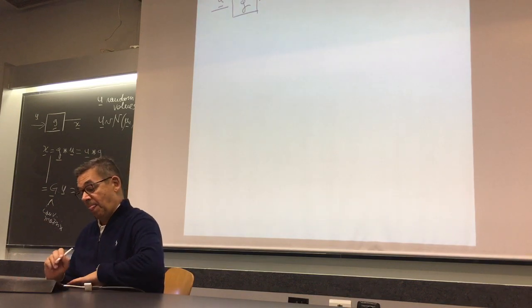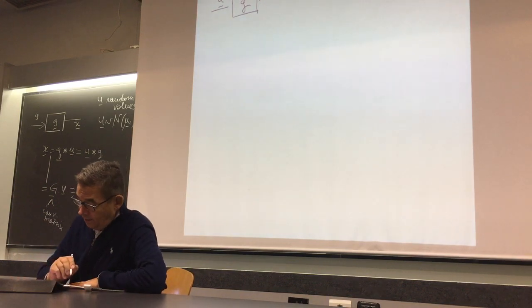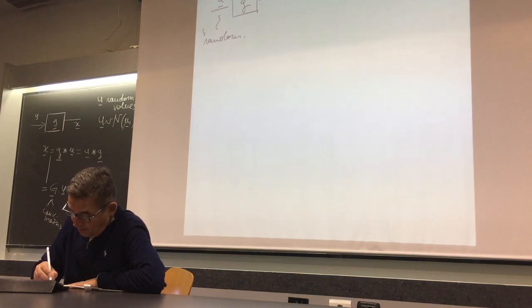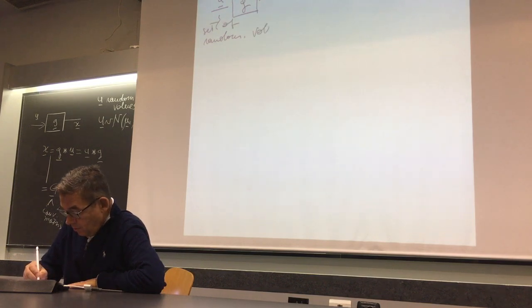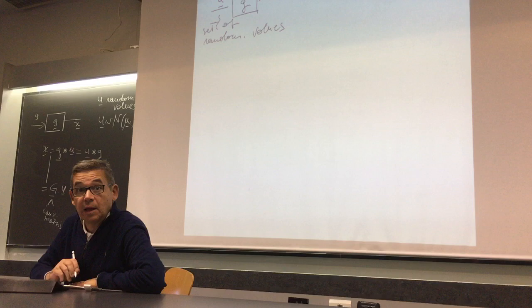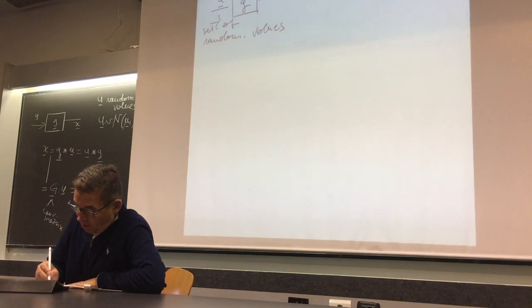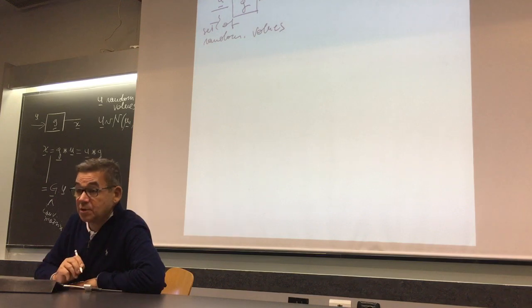Now, let's make it even more general. Let's assume now that U is random, a set of random values. This set of random variables is a block of n samples.